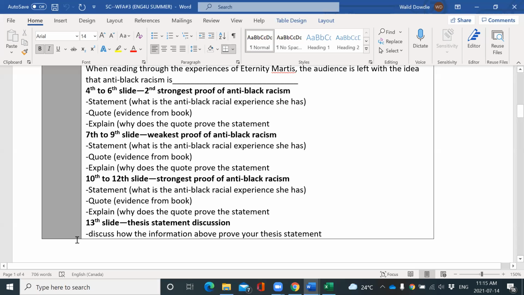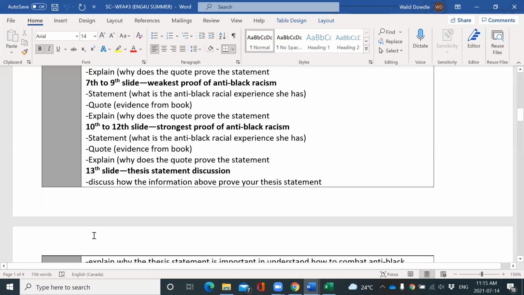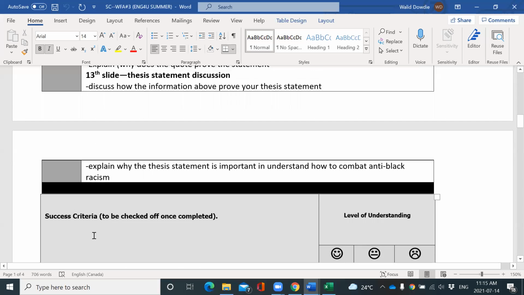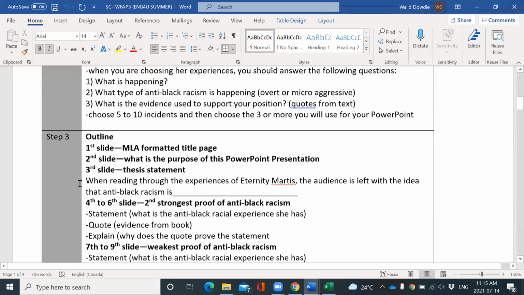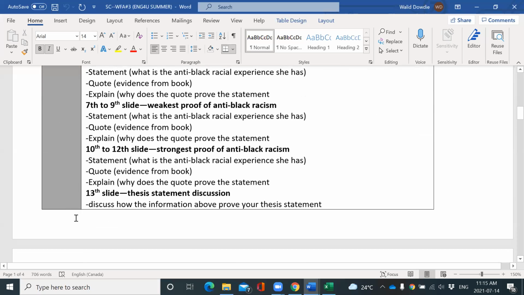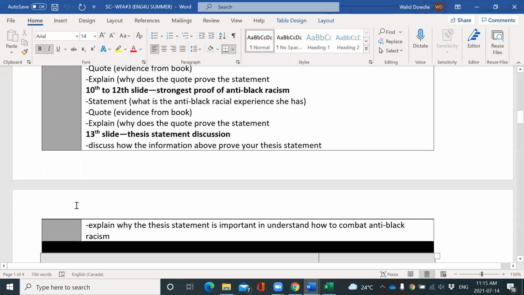Slide 13 is the conclusion. Discuss how the information above proves your thesis statement, and explain why the thesis statement is important in understanding how to combat anti-Black racism. So the idea is that once you've established that she experiences this, the last part is to establish that you're correct in proving your point or proving the author's point, right?